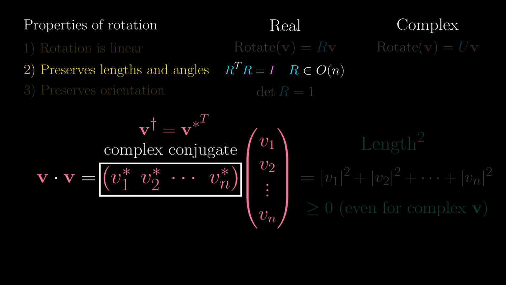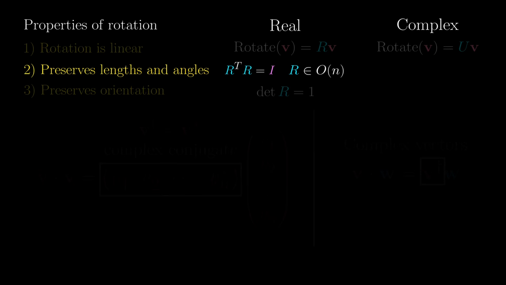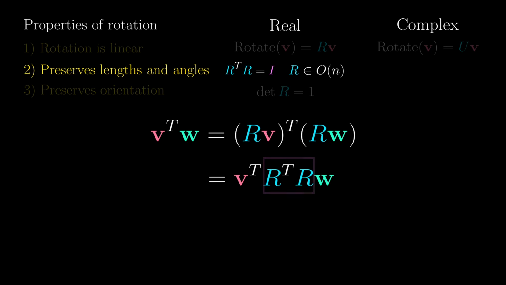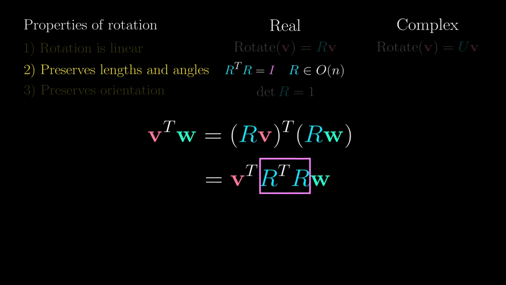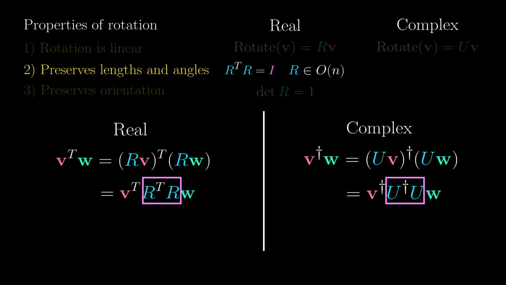In general, for complex vectors, we define the dot product of v and w as v dagger w, where dagger again just means in addition to transpose, we also take the complex conjugate. For real vectors, we have this argument to arrive at R transpose R equals identity, and the argument for complex vectors is almost the same, just with transpose changed to dagger.